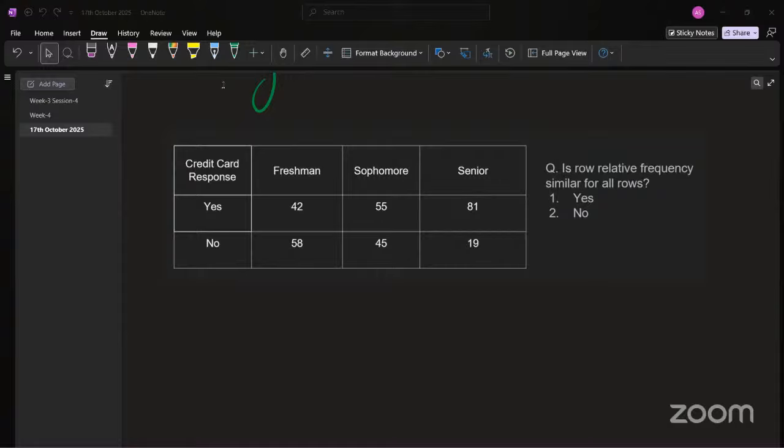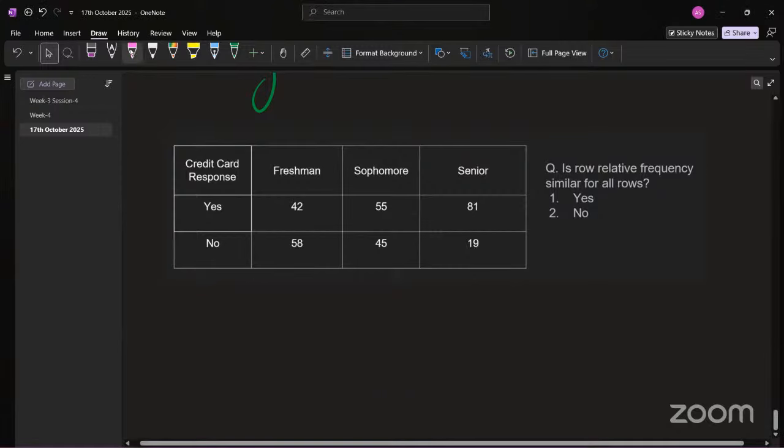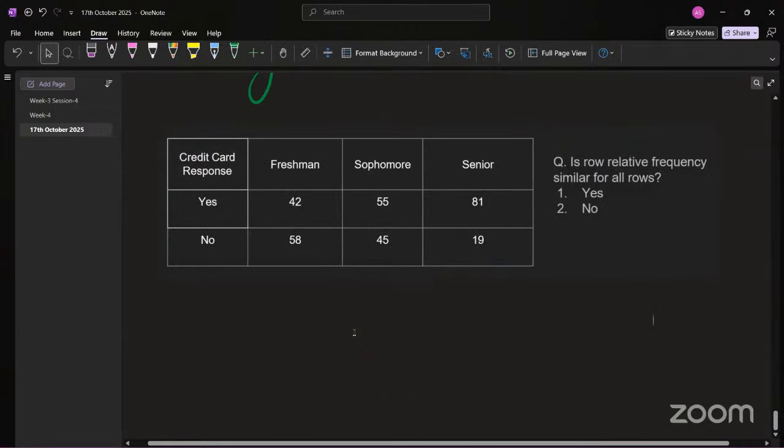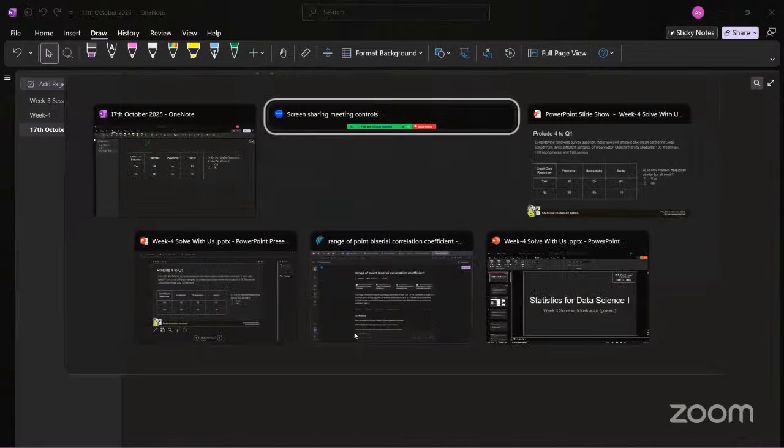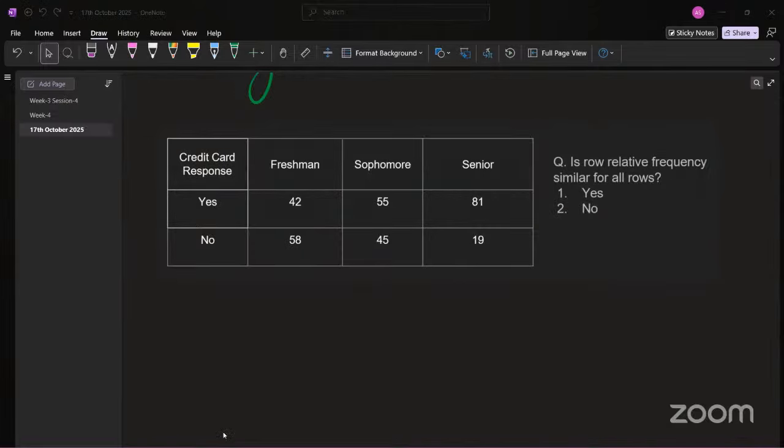How do I remove this? Okay, so wait just a second, guys. Let me.